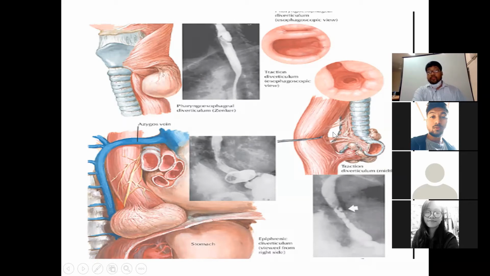And here we can see the mid-thoracic diverticulum, because you can see the carina, trachea, and so on. This is mostly a traction diverticulum, which occurs secondary to some chronic granulomatous pathology.